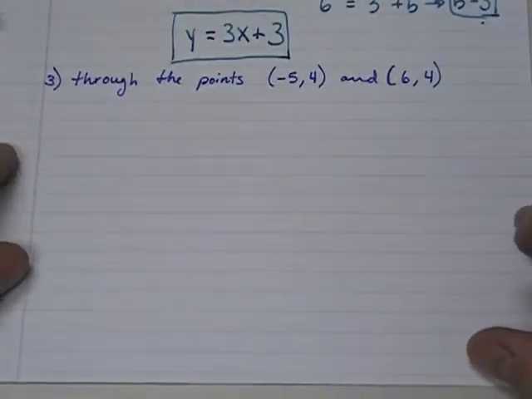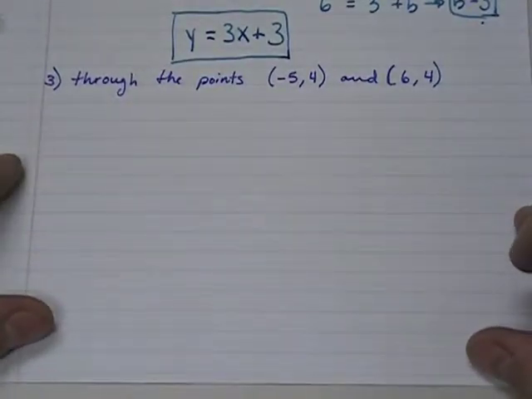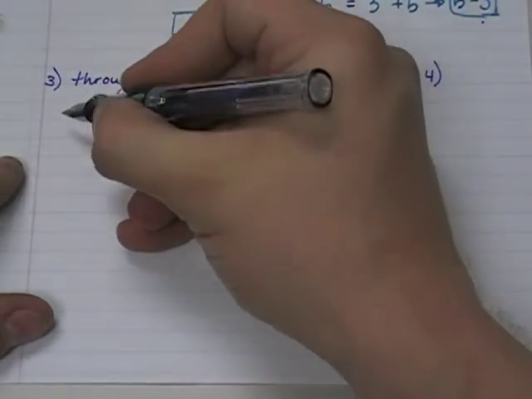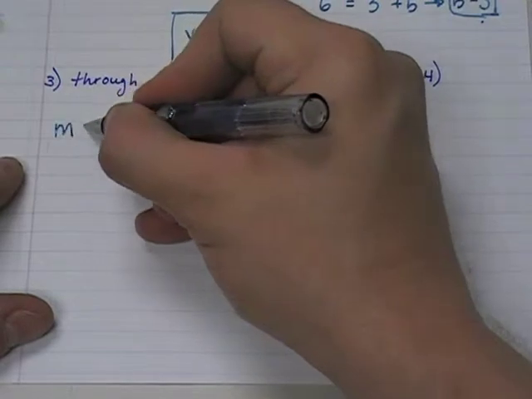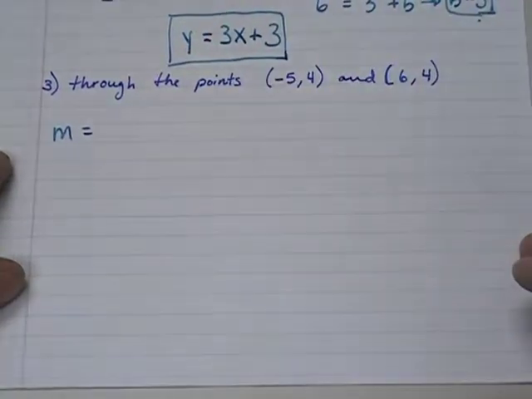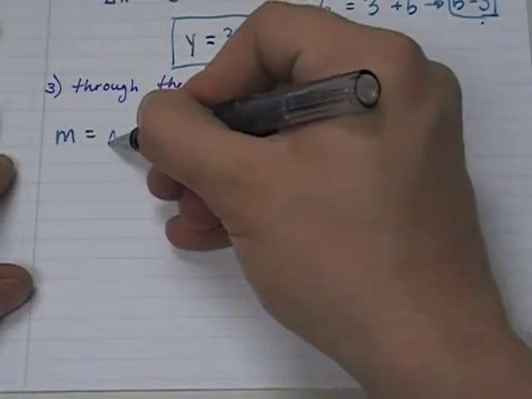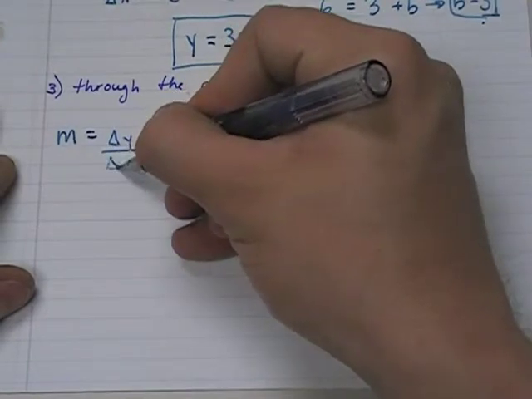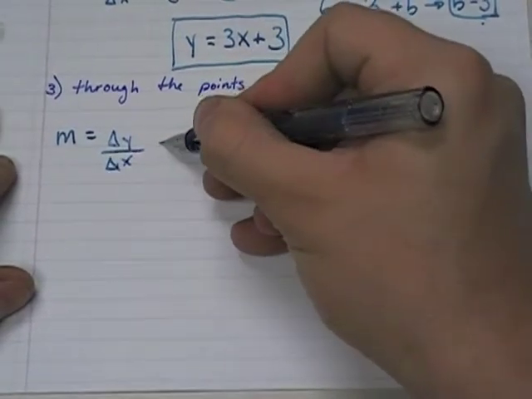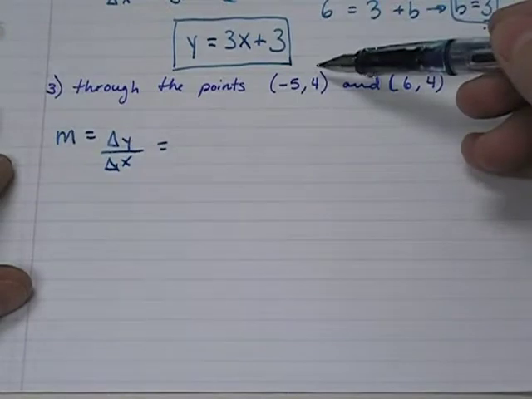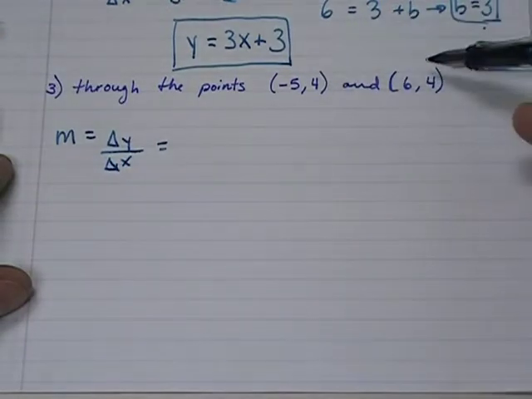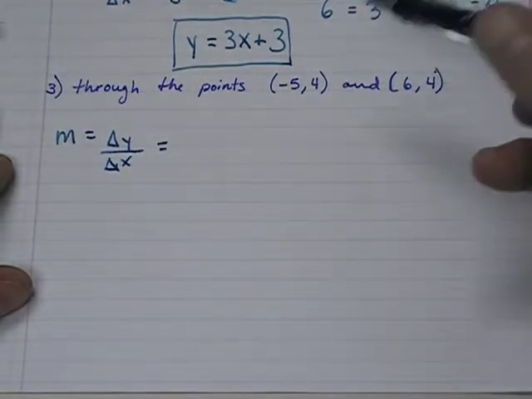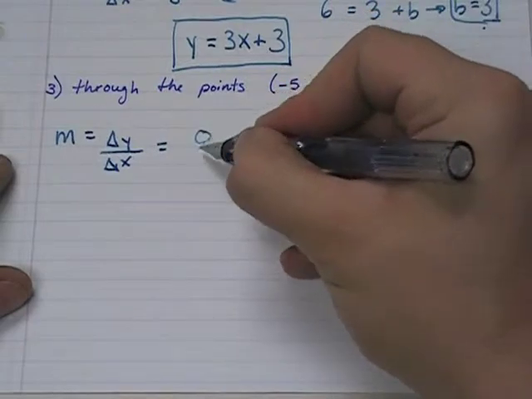Last one, through the point negative 5, 4 and 6 comma 4. Okay, well, again, what are we looking for? We're looking for m and b. So the first thing I do is look for m. M is change in y over change in x. And change in y, I say, okay, well, 4 to 4 is a change of 0.